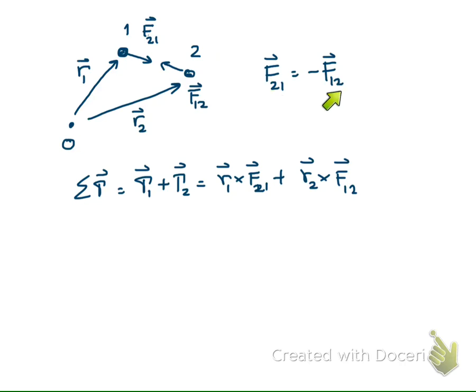But from this relation, this equals (R1 minus R2) cross F21. Okay, we use the distributive property of the cross product together with the third law. Anyway, you can see that R1 minus R2 is this vector.